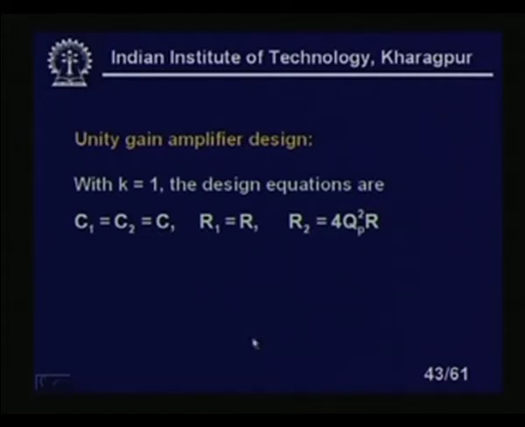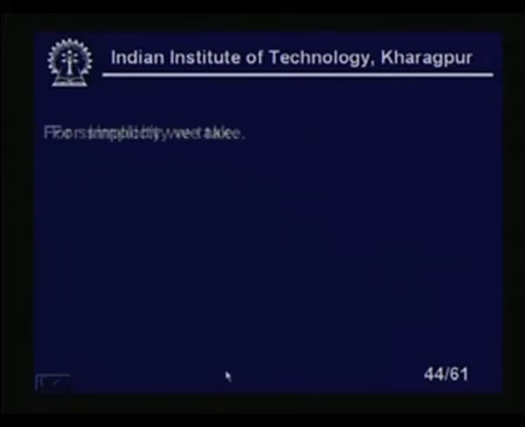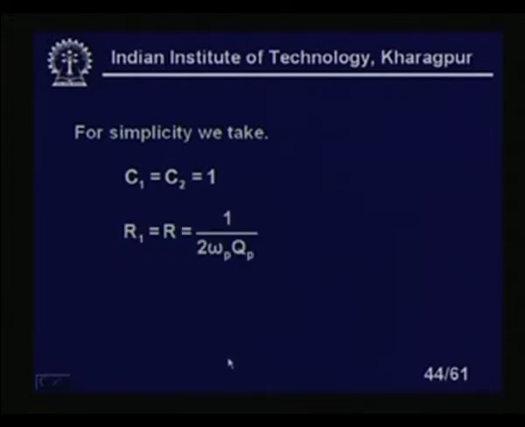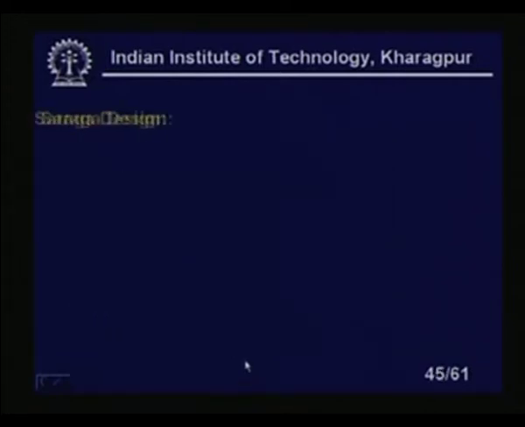So, obviously, k will be equal to 1 and C1 equal to C2 equal to C and R1 equal to R and R2 equal to 4 q p square into R. CR equal to 1 upon 2 omega p q p. For simplicity, we take C1 equal to C2 equal to 1 and R1 equal to R equal to 1 upon 2 omega p q p. So, R2 equal to 2 q p by omega p.